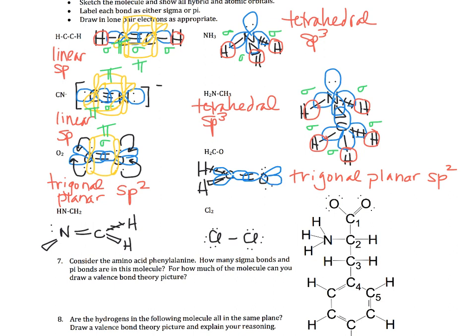And notice again, I'm going to have to move my lone pairs into these empty hybrid orbitals, sp2s. I have managed to draw a sigma bond connecting the carbon and the oxygen, so that creates the overlap that allows for the sharing of a pair of electrons there. Hydrogen is going to bring in its 1s's, so we're going to form some sigma bonds over here with the hydrogens as well.